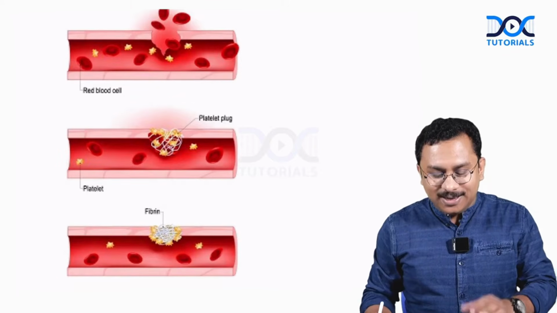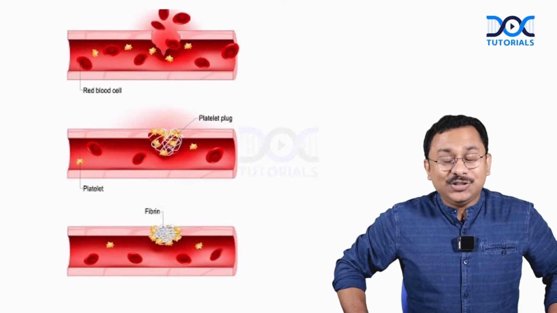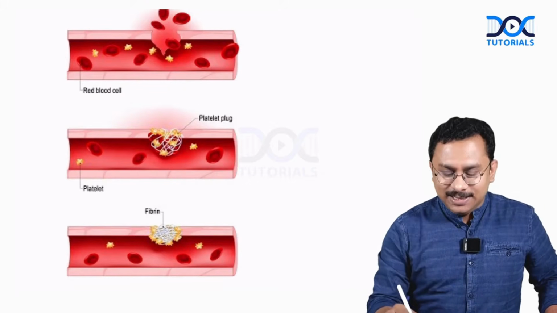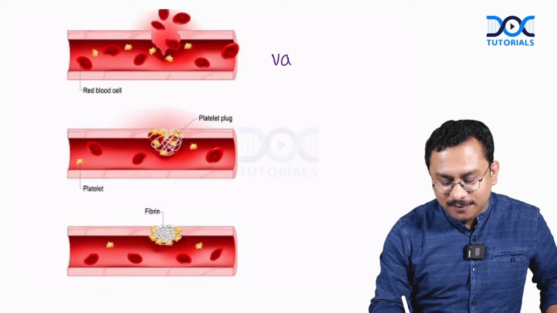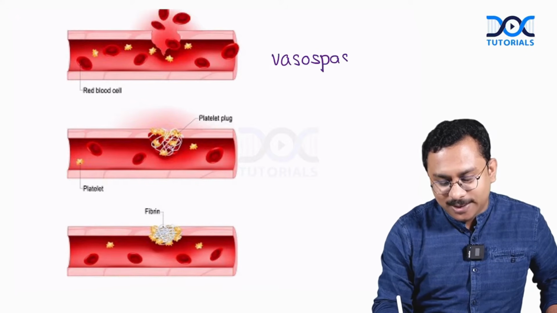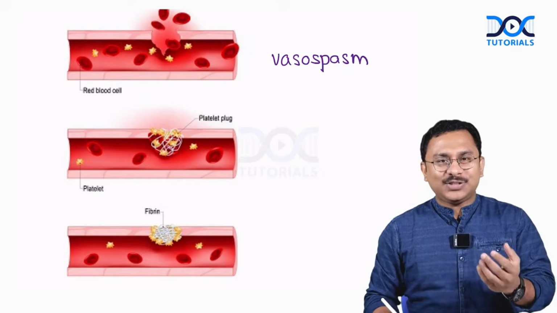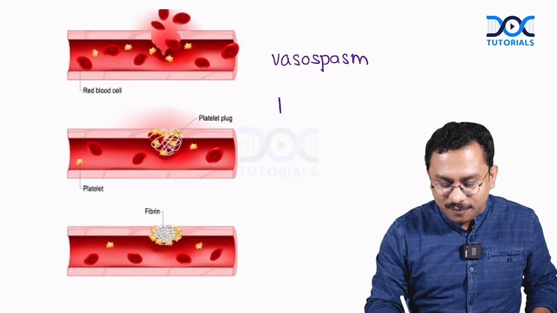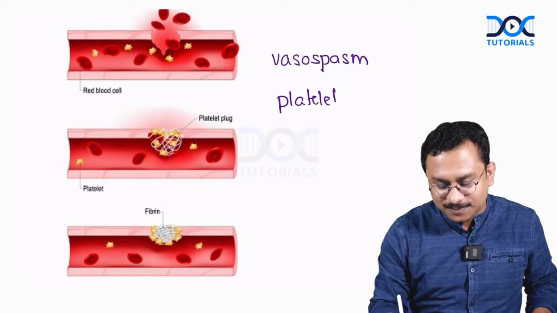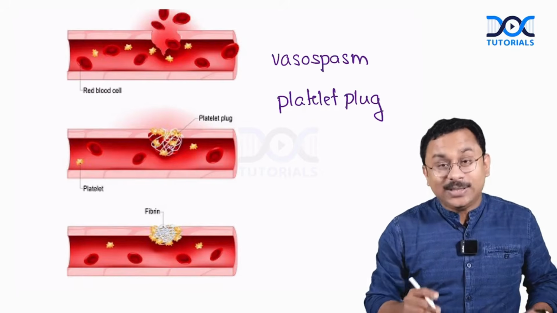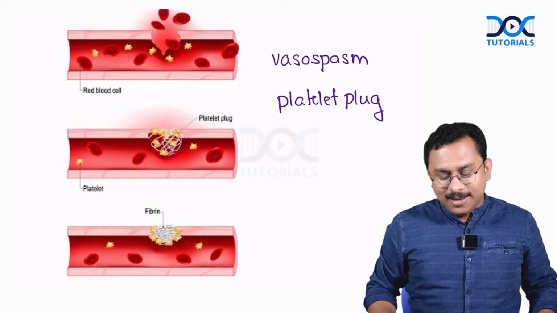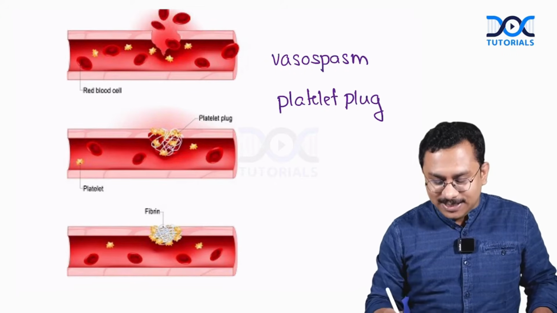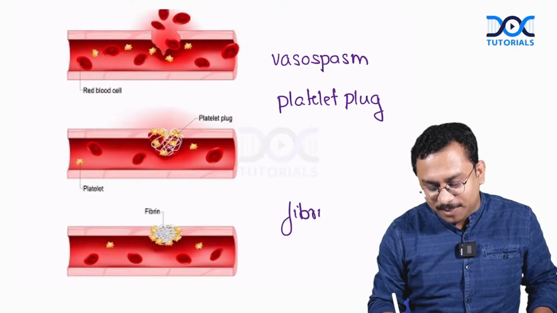You've got to understand that whenever there is an injury to a blood vessel, what are the sequential steps that take place? The first step in response to a vascular injury is a vasospasm, followed by formation of a platelet plug, which is the primary hemostatic plug, and subsequently you've got activation of the secondary hemostasis resulting in the formation of a fibrin plug.